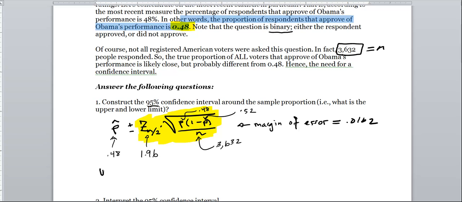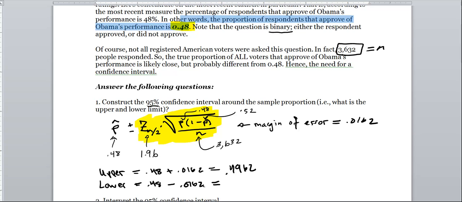So the upper limit is 0.48 plus the margin of error, 0.4962. And the lower is 0.48 minus the margin of error, 0.4638.